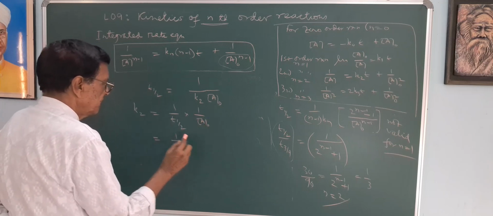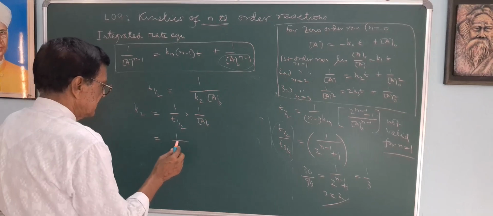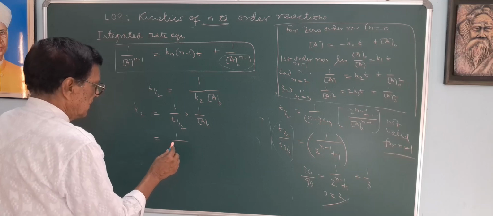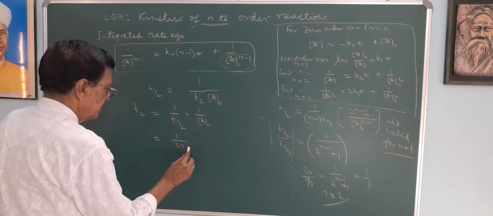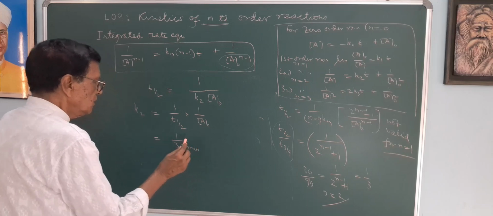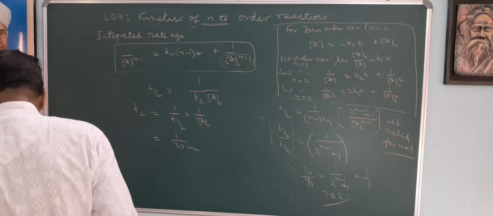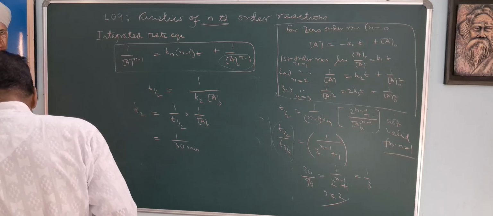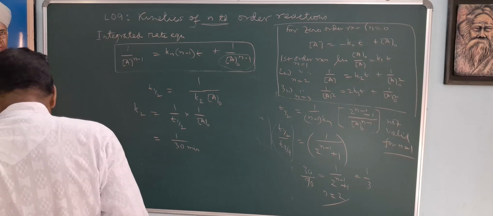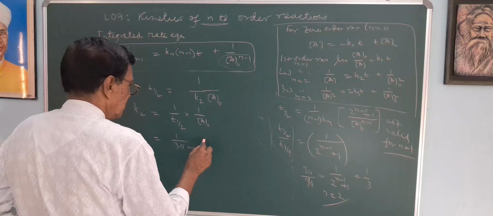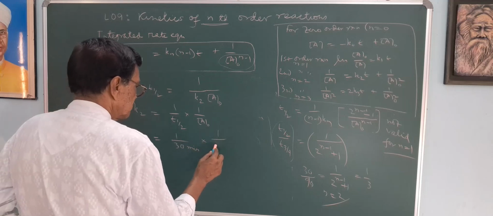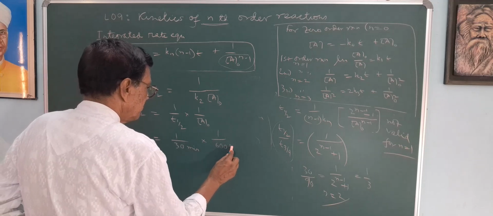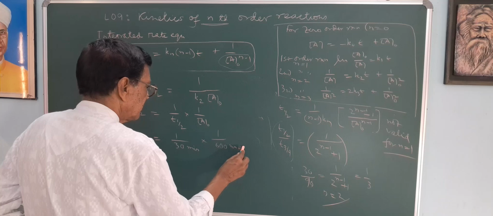T half is 30 minutes, and this one is 1 by 600 millimeter of mercury.